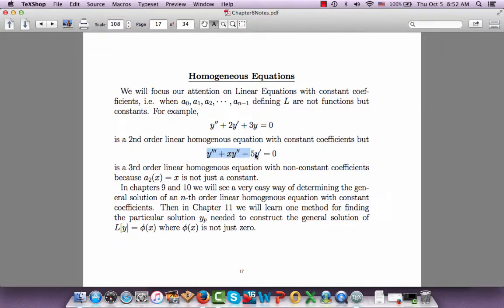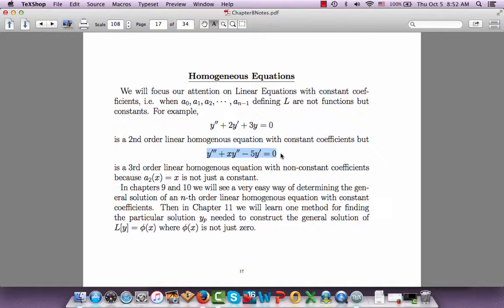Next example, it's a third order equation. So the third derivative is the highest derivative we see. But again, notice there is no y in the equation, but that's okay. The third derivative, the second derivative, and the first derivative are there. They all appear in one term by themselves, and they're each raised to the first power. So this is a linear equation.